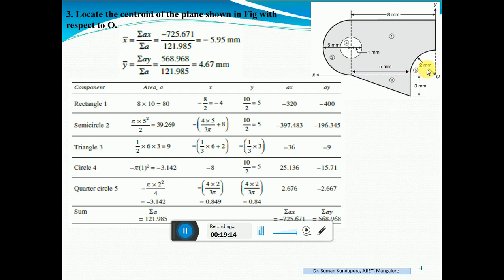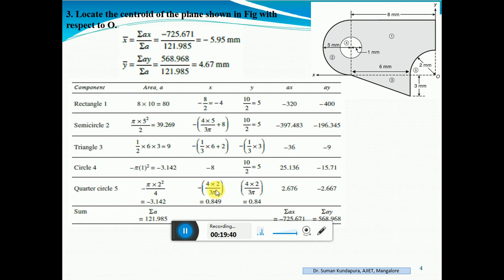Now from the derivations, you know for a quarter circle, the CG will lie almost here somewhere, which is at a distance of 4r by 3 pi from this side and 4r by 3 pi from this side. So our y-axis is here. So x is minus 4r by 3 pi, and y is in the positive y direction, so 4r by 3 pi plus.